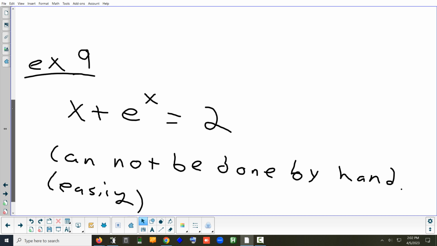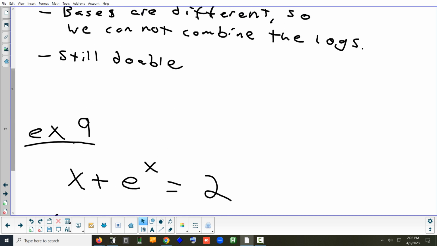This one is another one that would be hard to do. Because remember, the goal is to get x by itself. Well, if all you had was this, then yeah, we could deal with that. That's exponential form. Change it to log form. And then we could go from there.